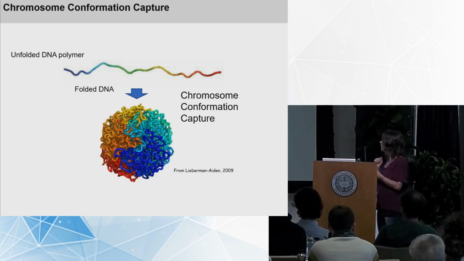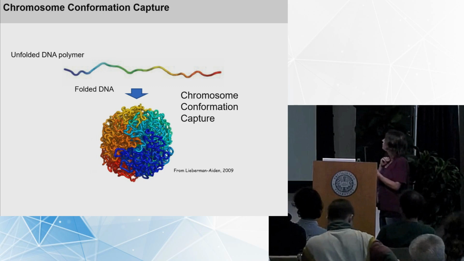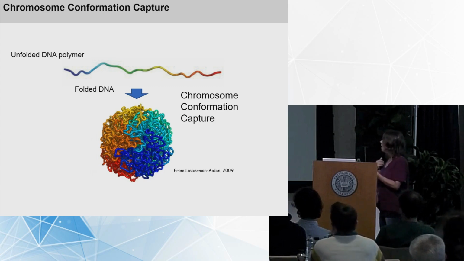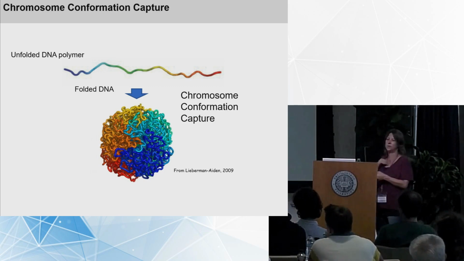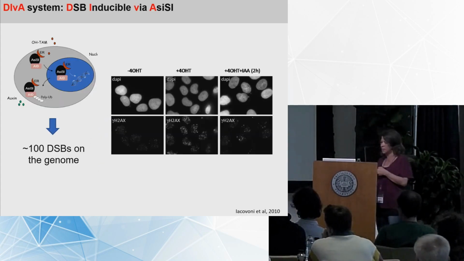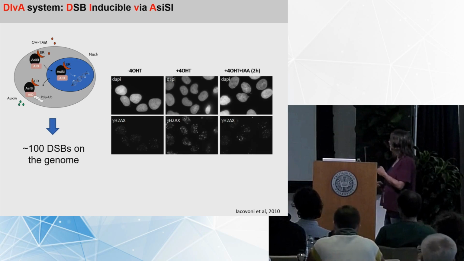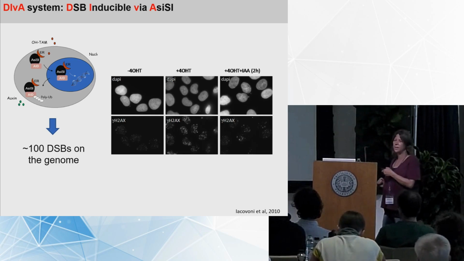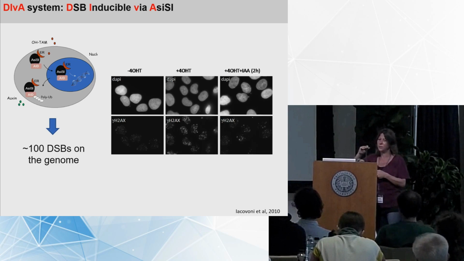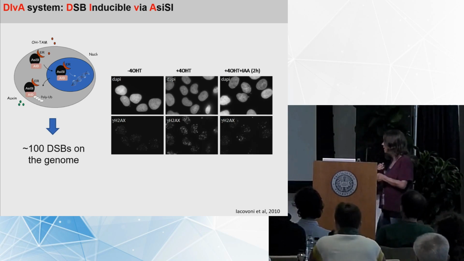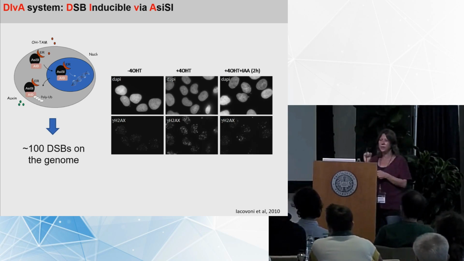So in order to tackle this question, a few years ago we decided to turn to what is very famous in this audience, which is the chromosome conformation capture approach. I will not discuss what it is to this audience, but we decided to do that using a system that we developed a long time ago, where we can induce multiple DSBs across the human genome at annotated positions.